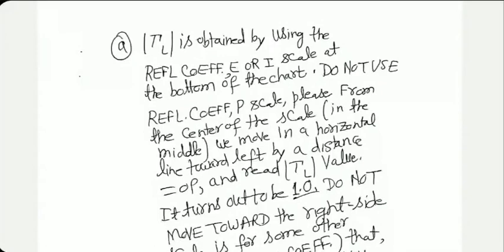Tau L magnitude is obtained by using the reflection coefficient E or I scale at the bottom of the chart. Do not use the reflection coefficient P scale. From the center of the scale in the middle, we move in a horizontal line towards left by a distance equal to OP and read the magnitude of tau L, which is 1. We have done it, okay?